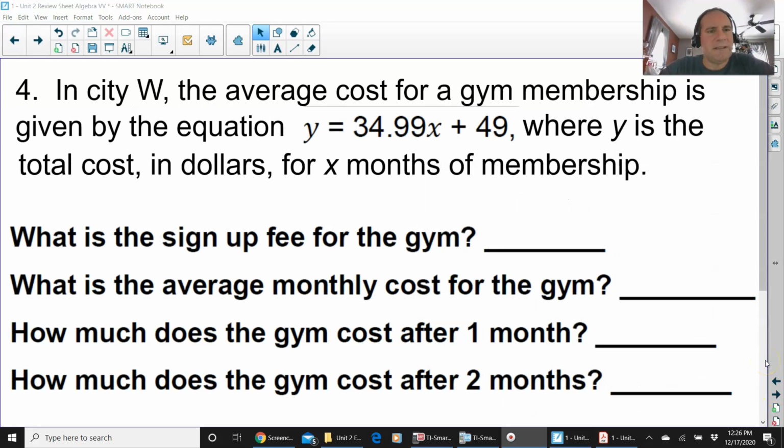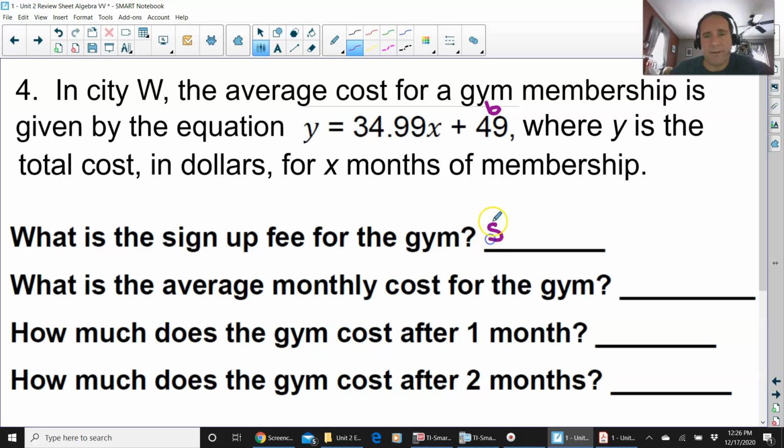Number 4, in City W, the average cost of a gym membership is given by the equation y equals $34.99x plus 49, where y is the total cost in dollars for x months of membership. So, what is the sign-up fee? Well, remember, the sign-up fee is always the b, the y-intercept.